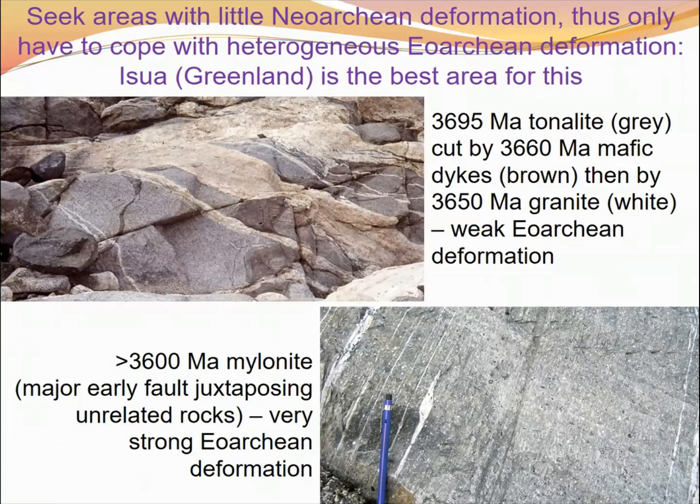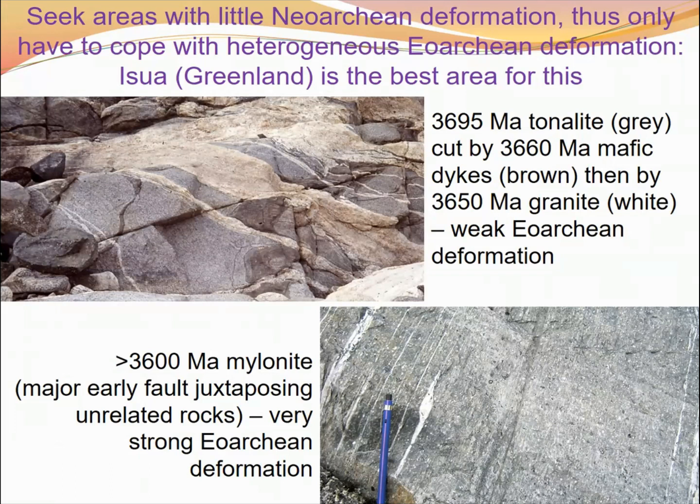So if you can avoid some of this later deformation, you can actually see what the early Earth crust processes look like, and it's highly variable. So basically in the Eoarchean Greenland area, which is the best place to see that, you can see a very big range in the rocks over small distances.